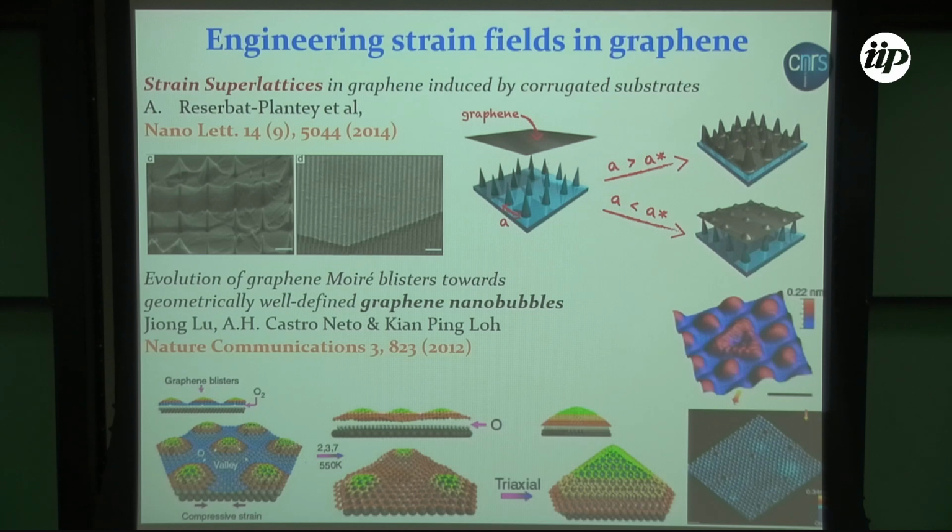Another observation is that making this type of strong deformation, and the experimental people are very inventive, there have been several proposals, like depositing graphene on top of an array of nanowires, or even chemically, there have been observations of superlattices of these valley bubbles. So this is really appealing.